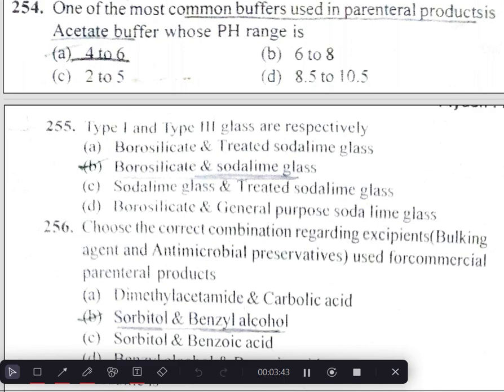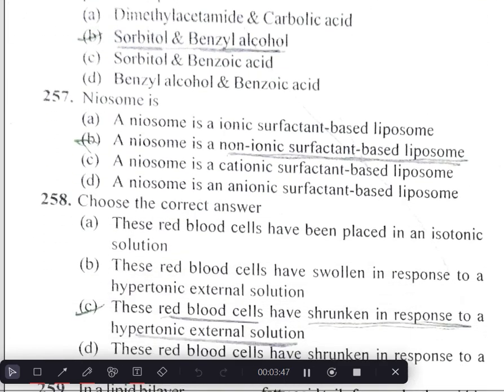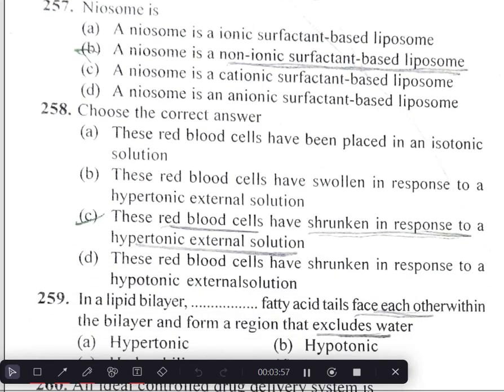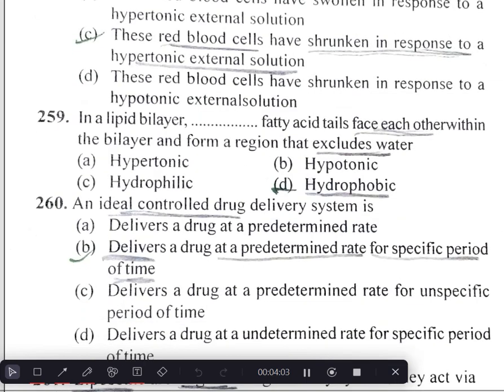Niosome is a non-ionic surfactant based liposome. Choose the correct statement. RBCs have shrunken in response to hypertonic external solution. In lipid bilayer, hydrophobic fatty acid tails face each other within the bilayer and form a region that excludes water.